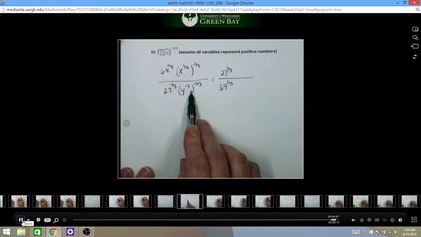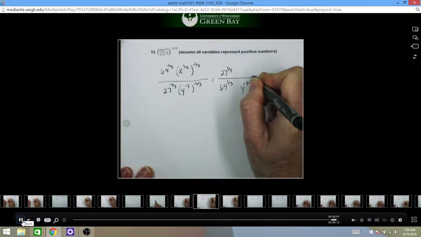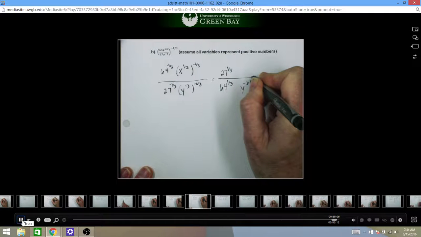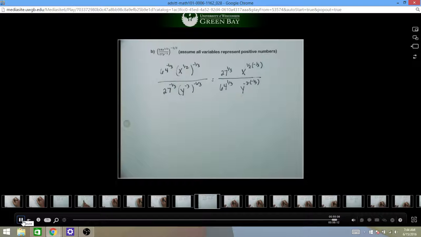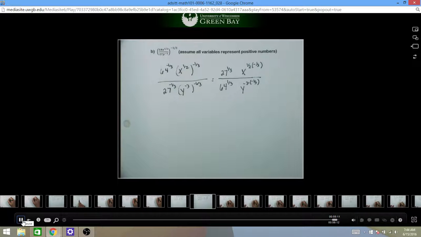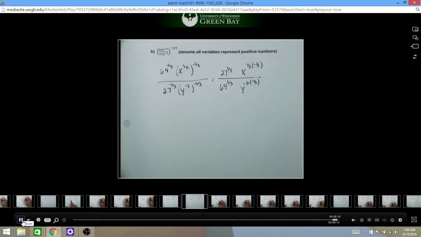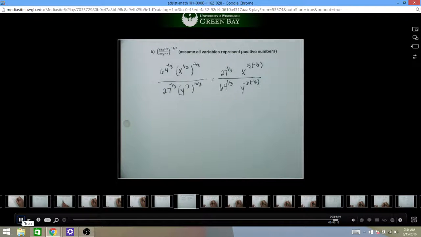So y to the negative 3 times negative 1/3, and x to the 1/2 times negative 1/3. So the outside exponents multiply times the inside exponents, and they apply to every single term, even those without exponents. So the 27 to the 1/3, well, that's just the cube root of 27.